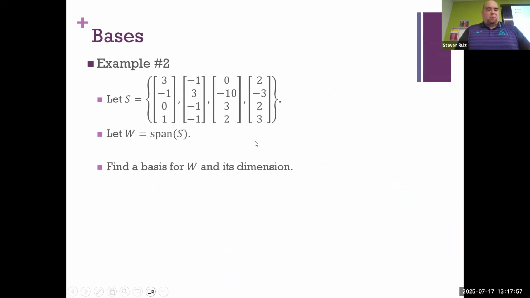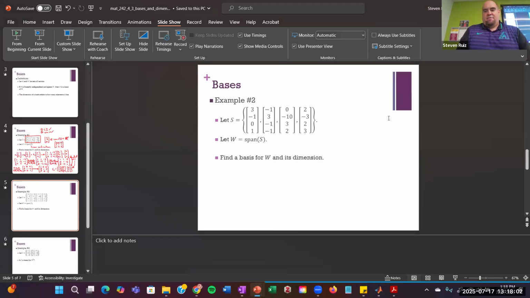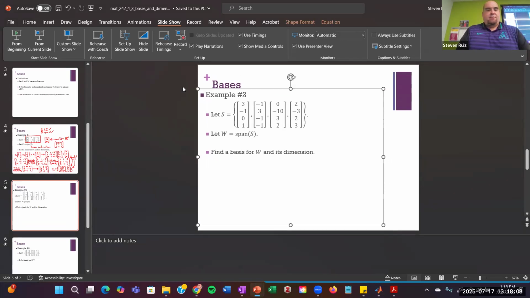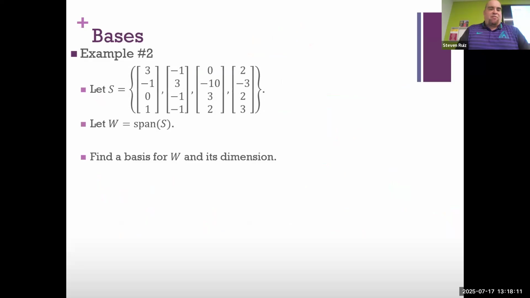I'm going to throw a 4x4 at you. I might as well give us actual room. So we want to find a basis that spans W. In general, the set of vectors I give you always spans something, and I'm already telling you the thing it spans is called W. So when we talk about these 2 conditions for what a basis is, does it span some subspace?